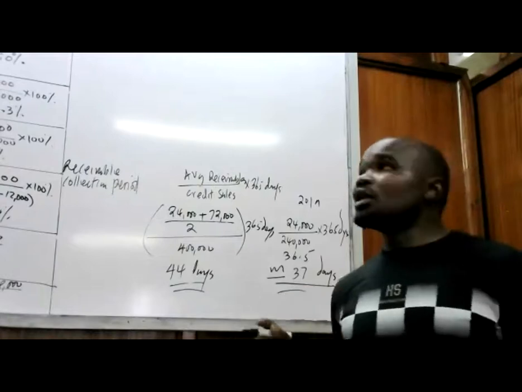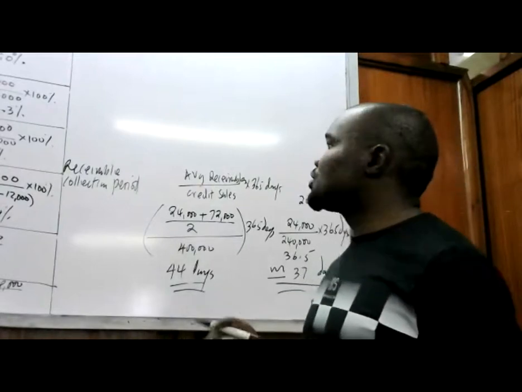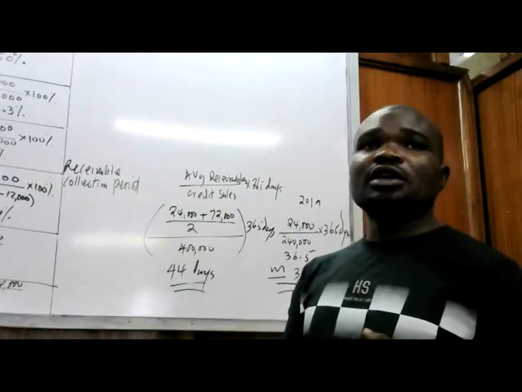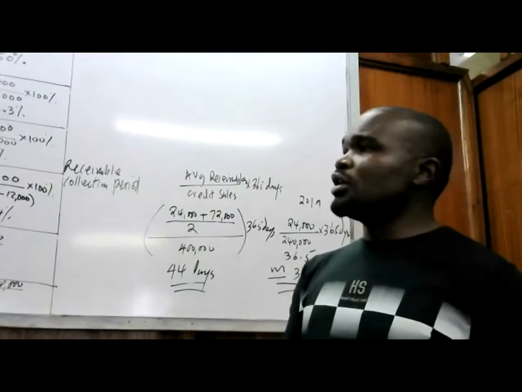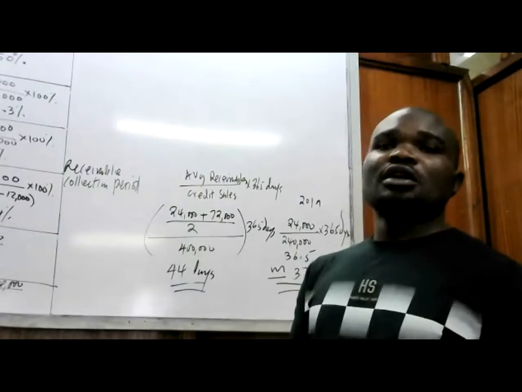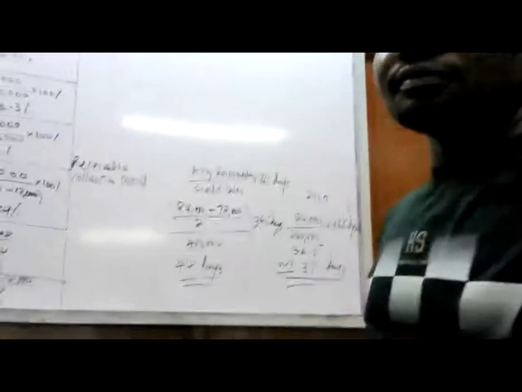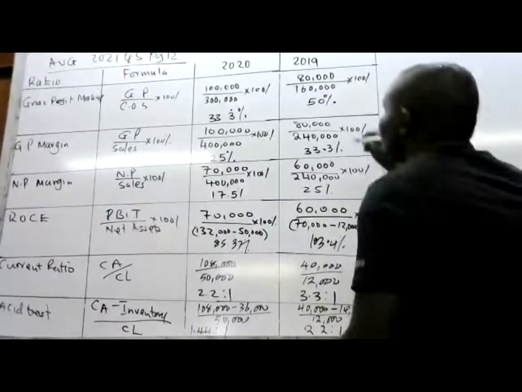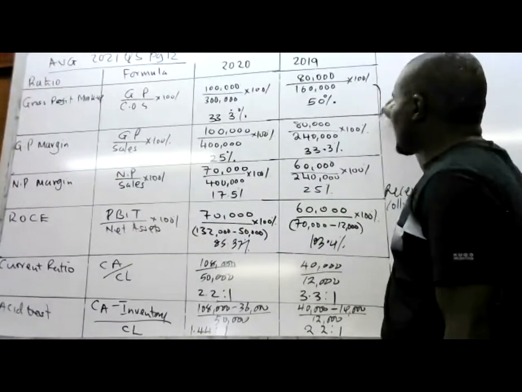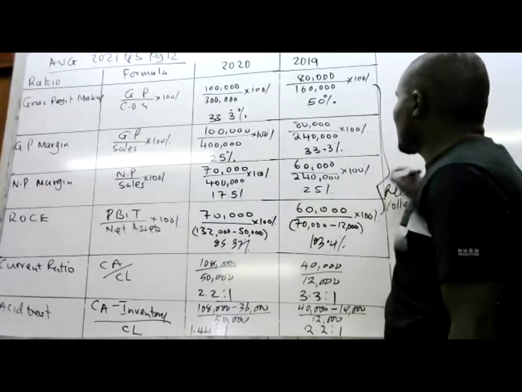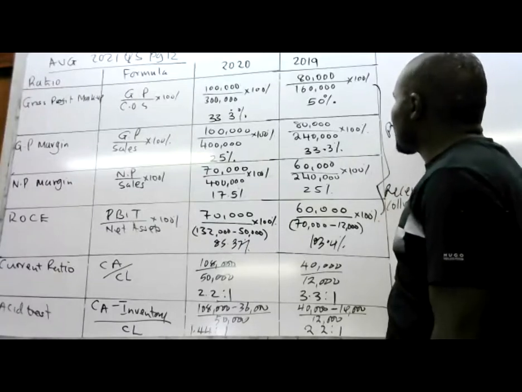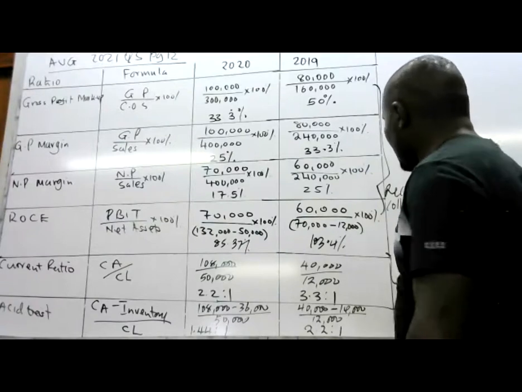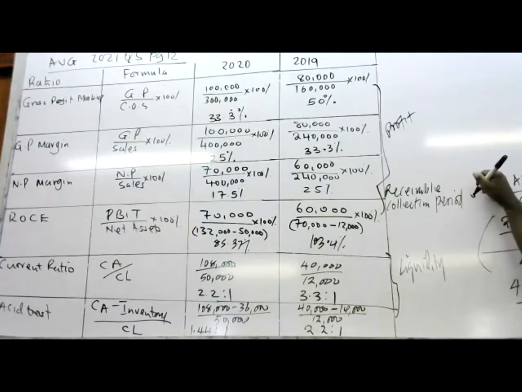So performance, like in this question, the performance should be on the profitability, liquidity and efficiency. These ones are profitability ratios, from here up to here. Then these two are liquidity. Then this one alone is efficiency ratio.